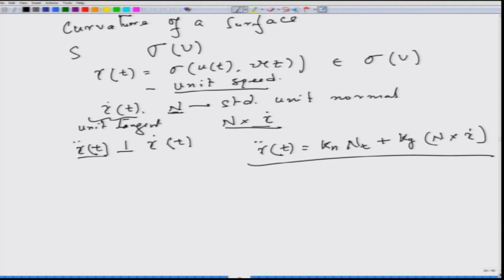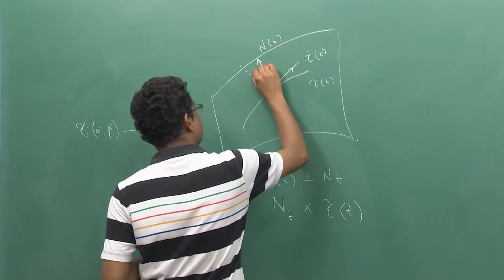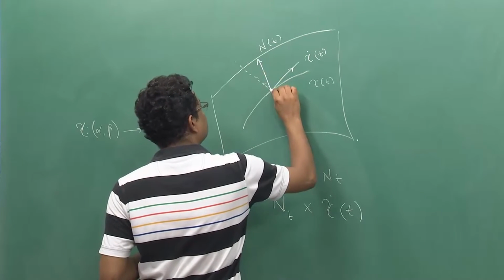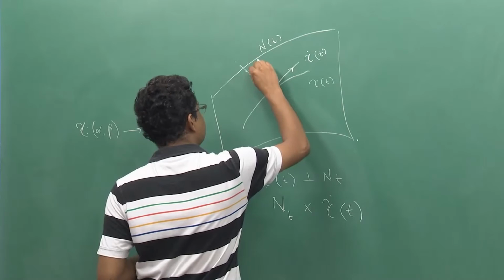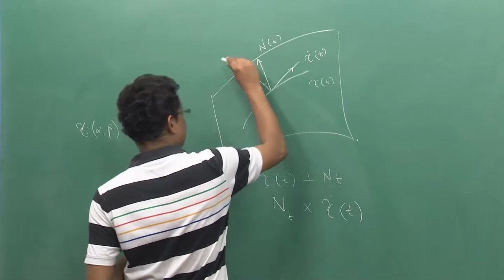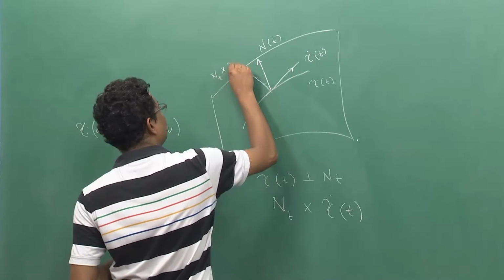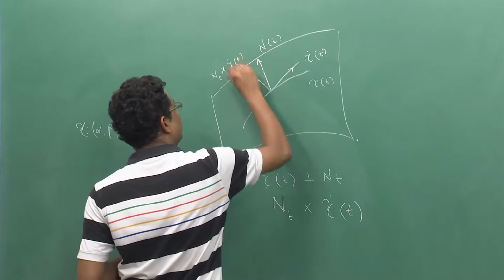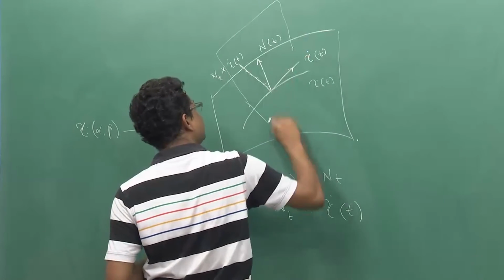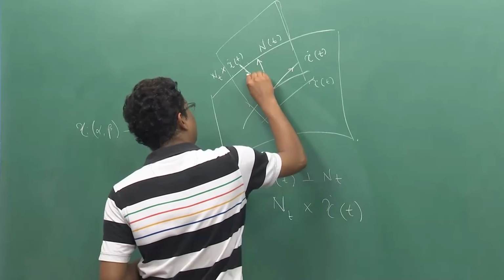What is that in the picture? Gamma double dot t is perpendicular to gamma dot t, so it lies in the plane generated by n(t) cross gamma dot t and n(t). Here is my gamma double dot t.